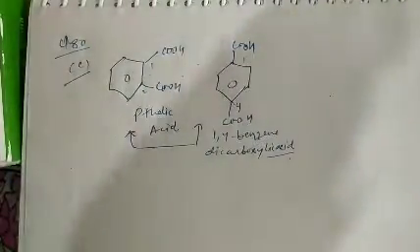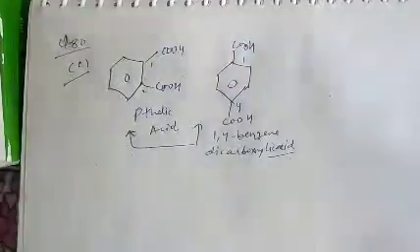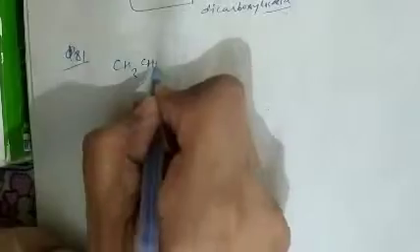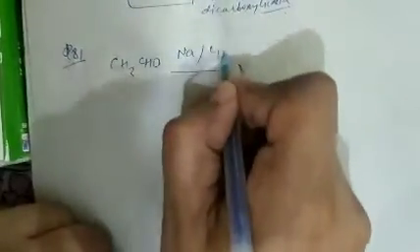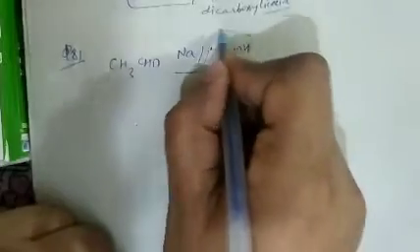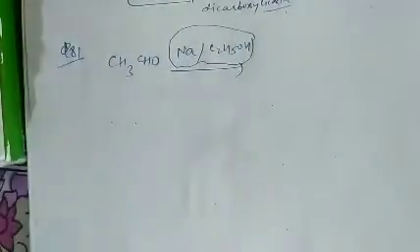See question number 81. In question number 81, the question is about the final product when acetaldehyde is reduced with sodium and ethanol. This reduction is called Bouveault-Blanc reduction.